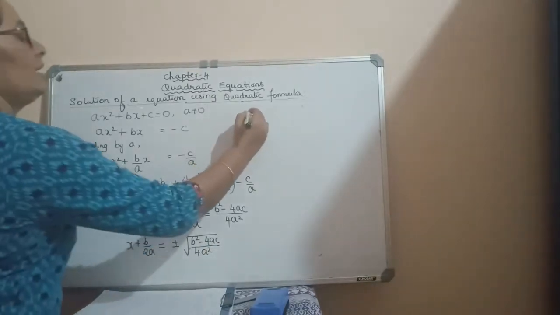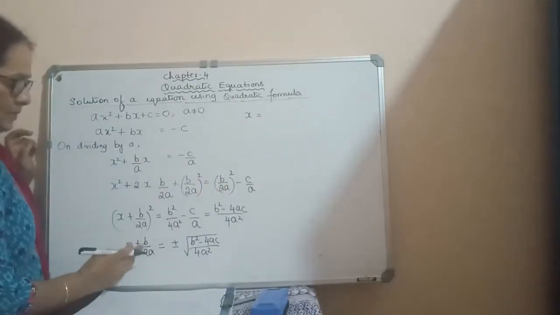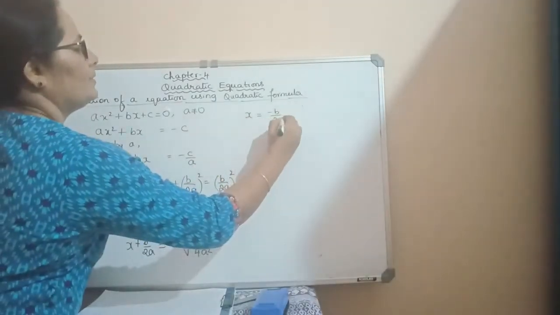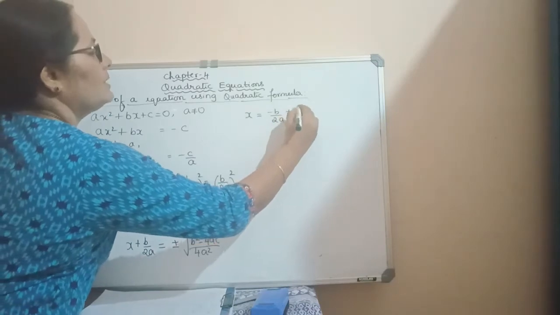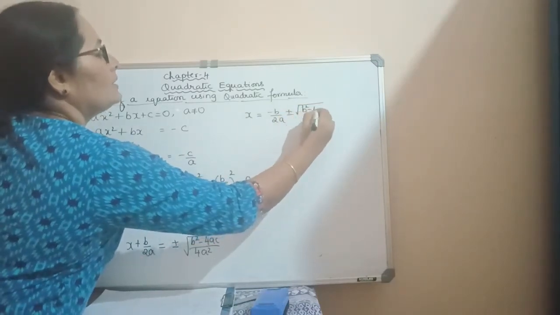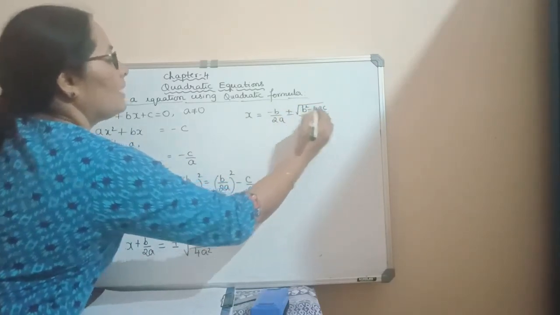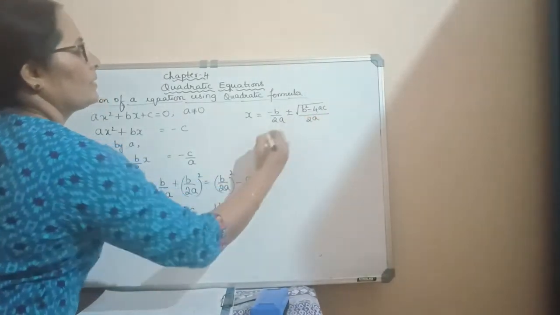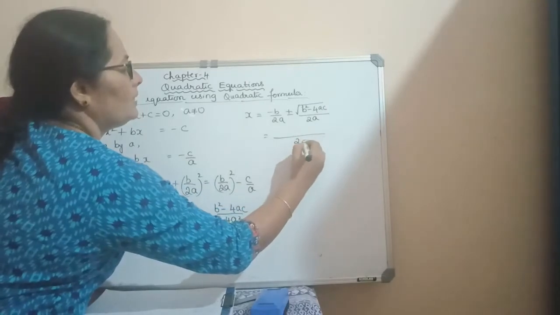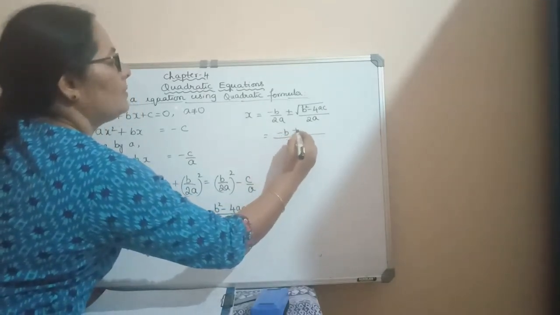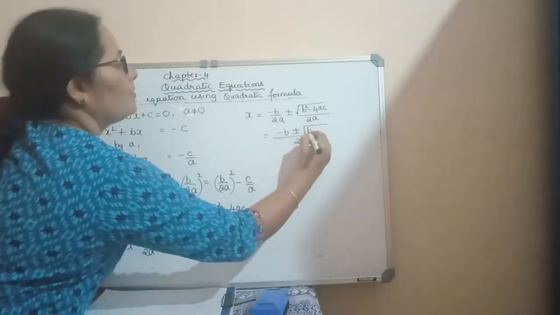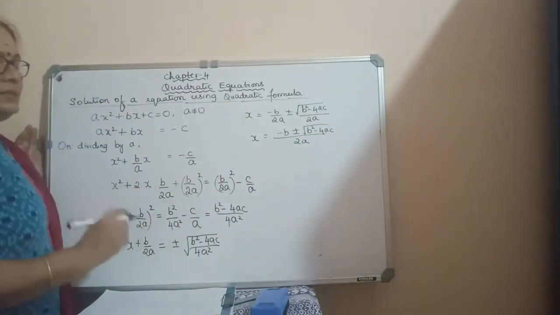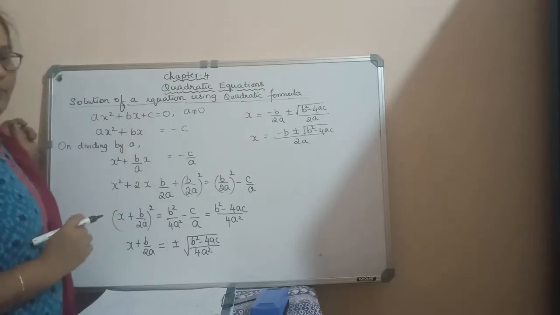So x equals, take this b by 2a to the other side, that is minus b by 2a plus or minus root of b square minus 4ac divided by root of 4a square, which is 2a. So 2a is the common denominator. So minus b plus or minus root b square minus 4ac. This is called the quadratic formula.